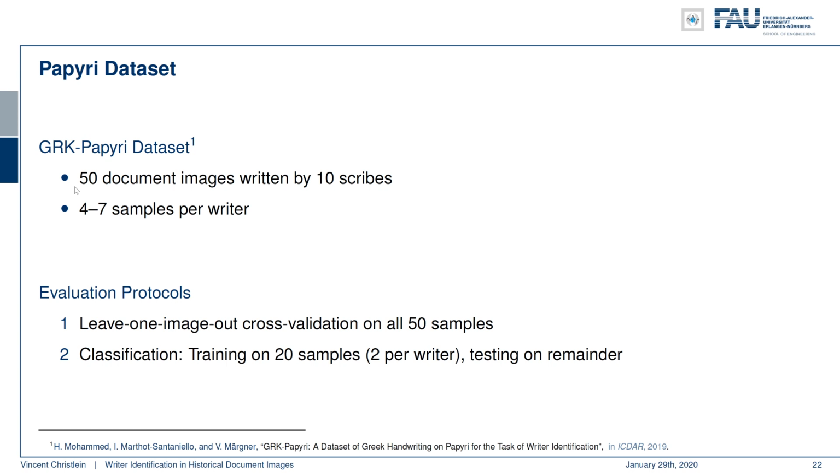Either you take all the 50 samples and pick one out and test against all the others. This is also what we did for the other test sample sets. So in the contemporary data, all the recognition results you saw before were with protocol 1. Or you choose the second protocol, where you have 2 samples per writer, and you train a classifier on them. And then you test on the remainder of the 30 samples.